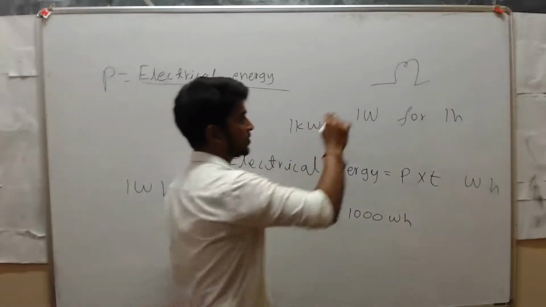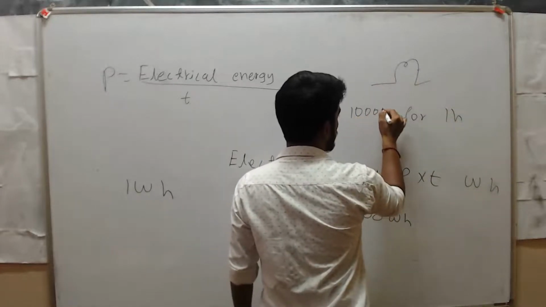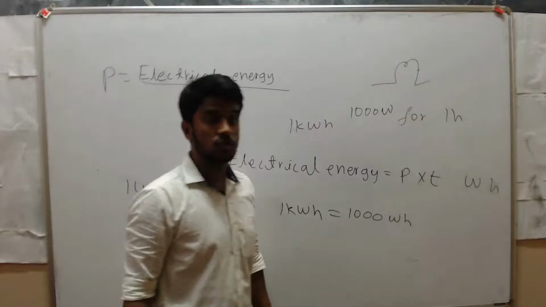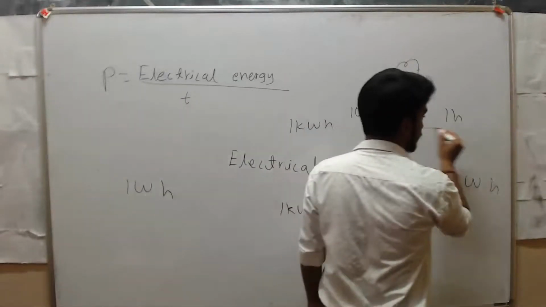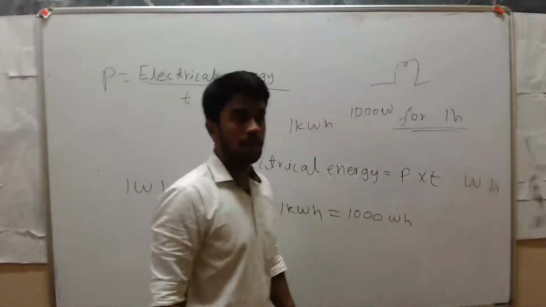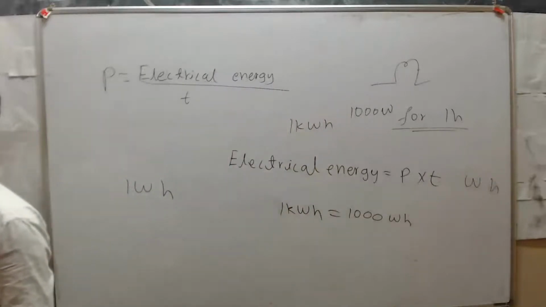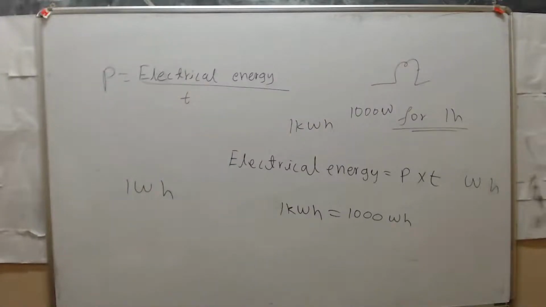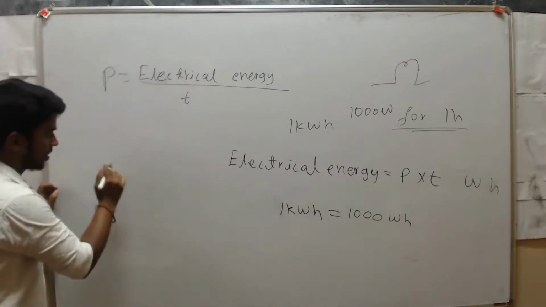If this bulb consumes 1000 watt of energy for 1 hour, then we can say that the electric energy is 1 kilowatt hour. So 1 kilowatt hour equals 1000 watt hour.